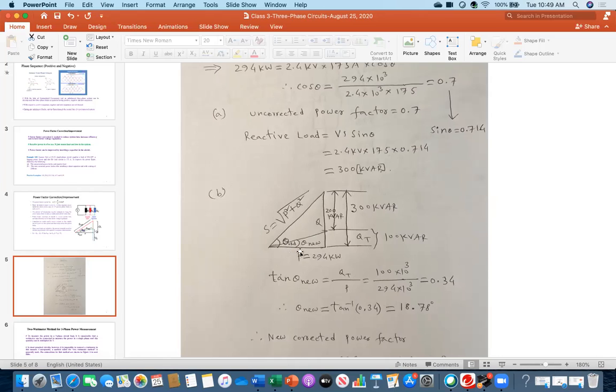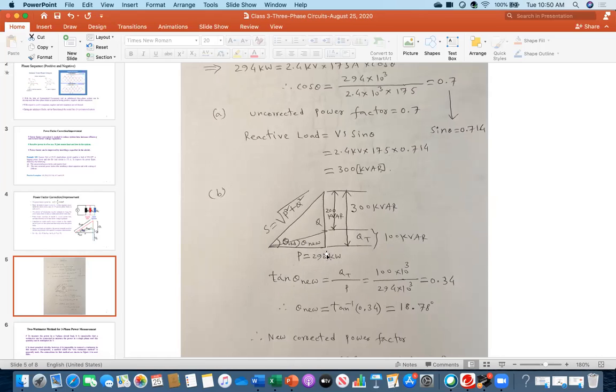Now everybody concentrate only on this new small triangle, because this is my new triangle. My P value is the same as the previous one, but I have the new Q, which is 100. Now my goal is to find the power factor. So I take tangent theta new. First, I want to find theta new. Why am I using tangent?